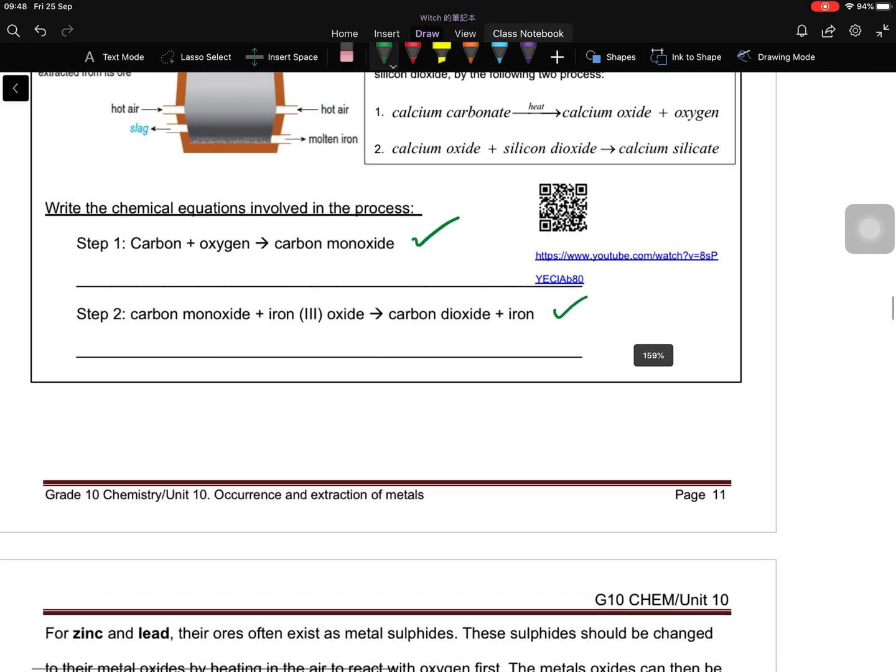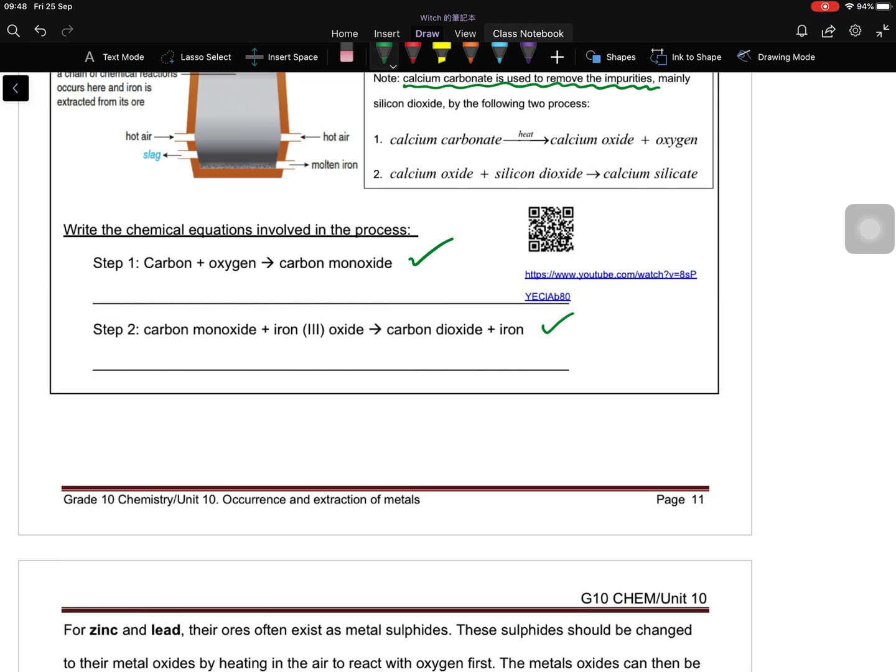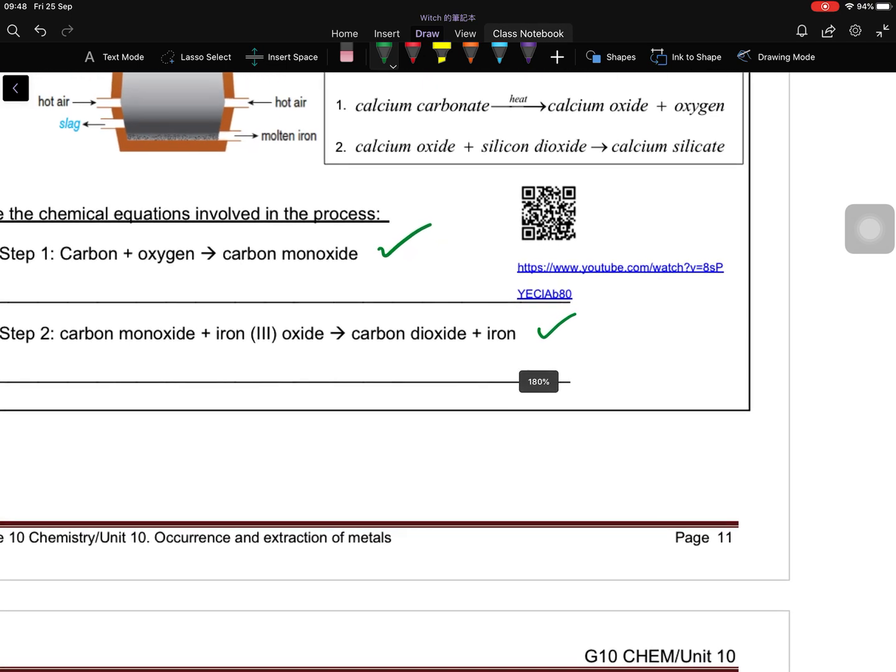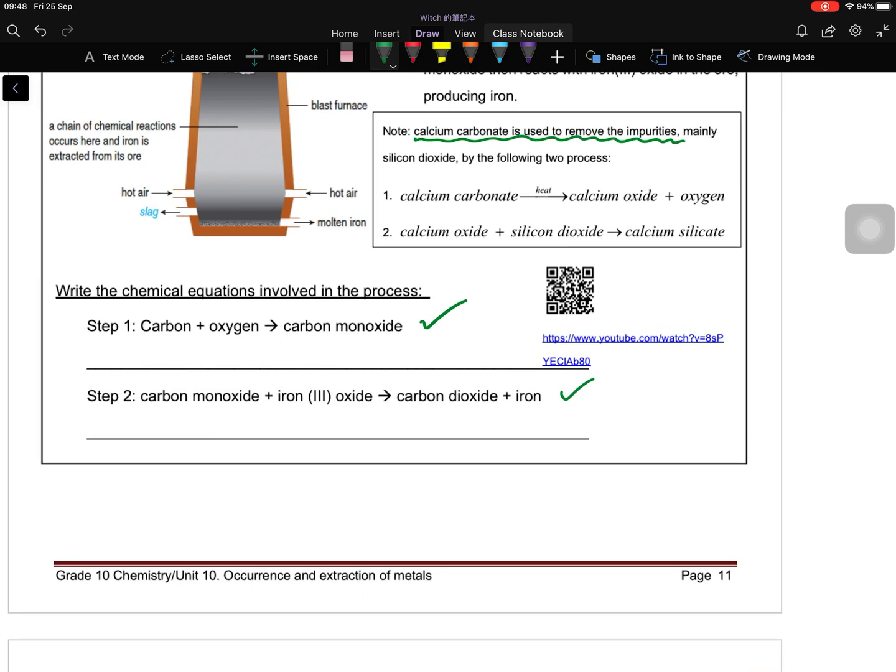This is because there are two considerations. First, the extraction needs high temperature. Step one is actually burning carbon, so step one will give out heat energy for the high temperature environment. This is the first point: we need to generate heat energy.